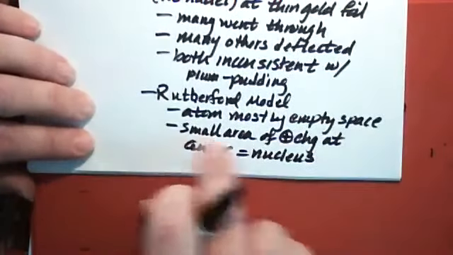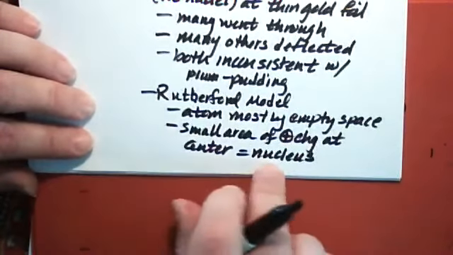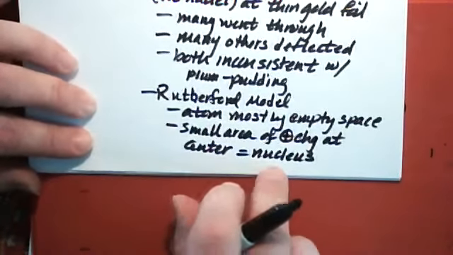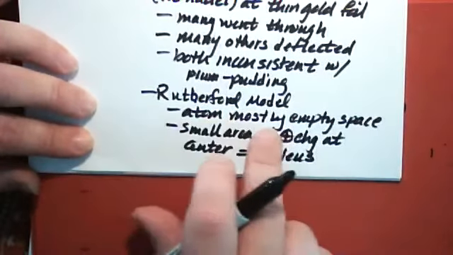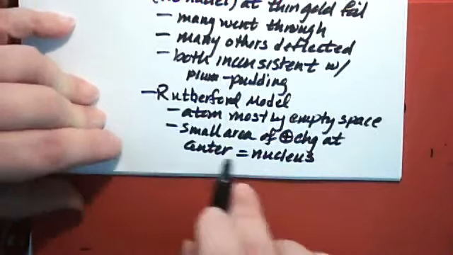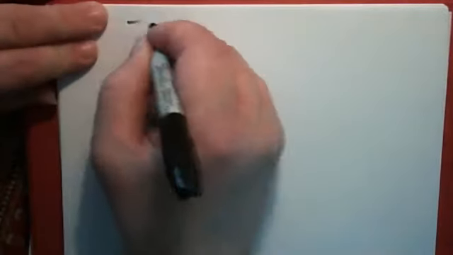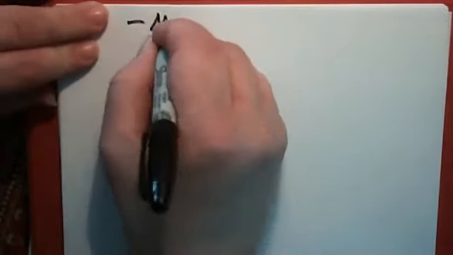Okay, so the positive charge is concentrated in a very small area at the center of the atom, and that's known as the nucleus. And that leaves the negative charges to be spread around on the outside somewhere, and the atom is mostly empty space because of how many of those helium nuclei went right through. This is known as the nuclear theory of the atom.